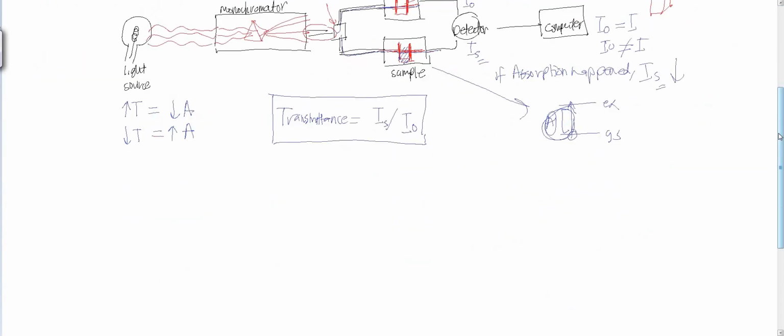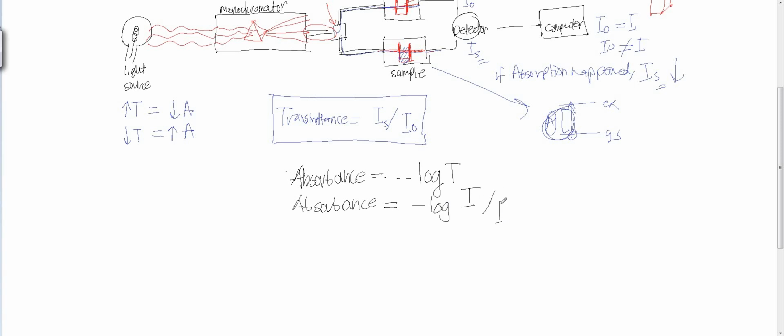Now if you want to relate to absorbance, absorbance, if you want to calculate it from the transmittance, is equal to negative log T. Or absorbance is equal to negative log, what is T?